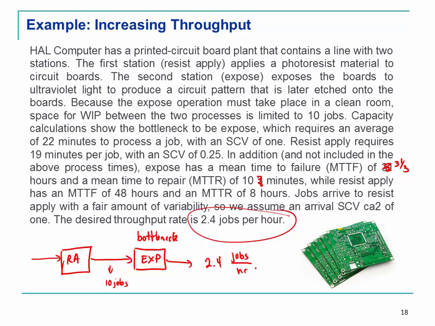Okay, so the solution that we can think of initially is, okay, so we know our bottleneck is the second machine, so we might be able to increase the capacity by an extra 10 jobs.